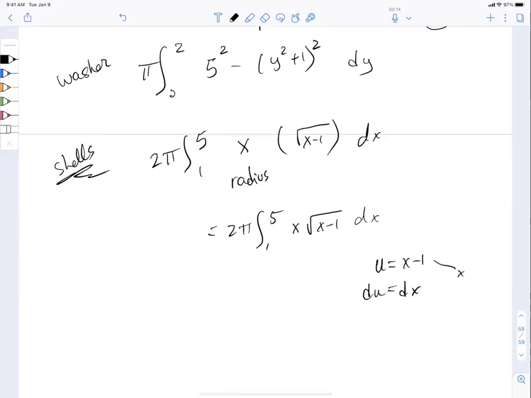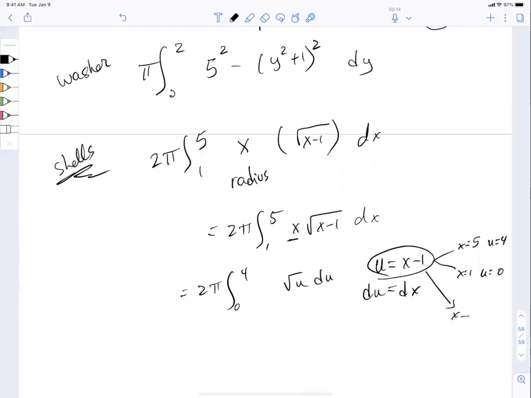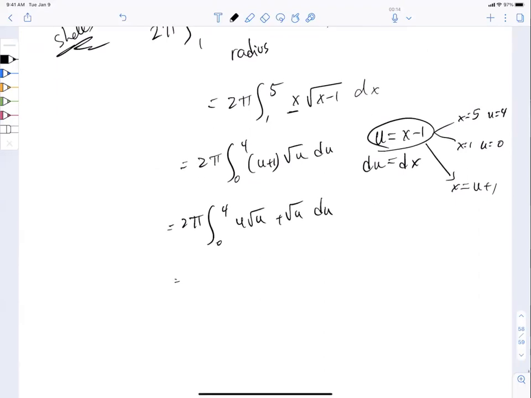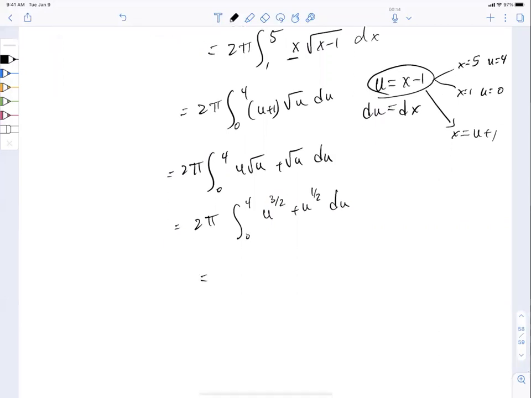But then when x is 1, u would be 1 minus 1, which is 0. When x is 5, u would be 5 minus 1, which is 4. So it's going to be 2 pi integral from 0 to 4 of the square root of u du. And then the x that's sitting here, from this equation, x is u plus 1. So power rule again.